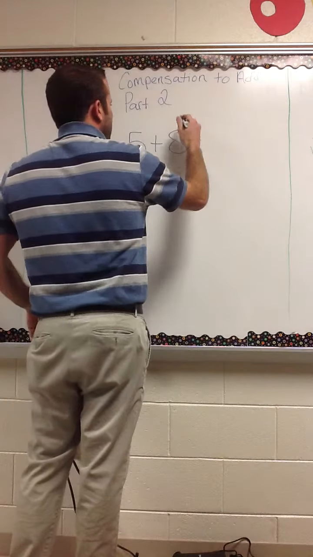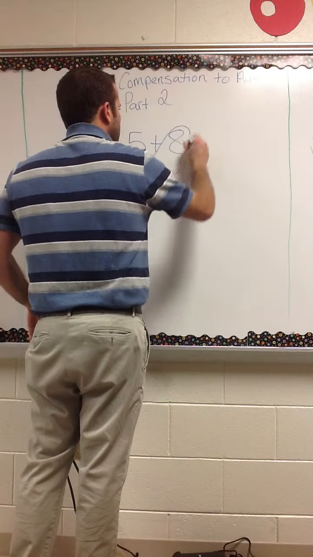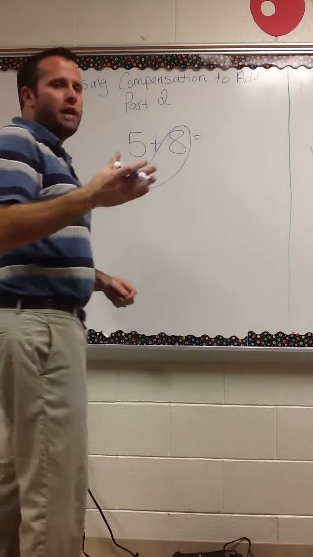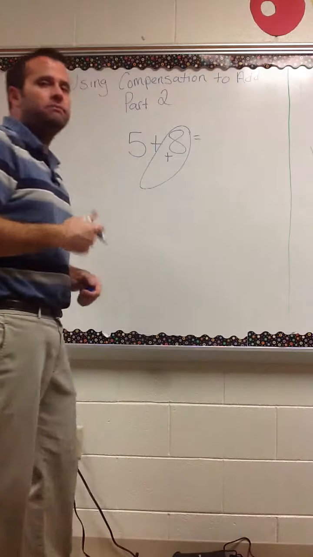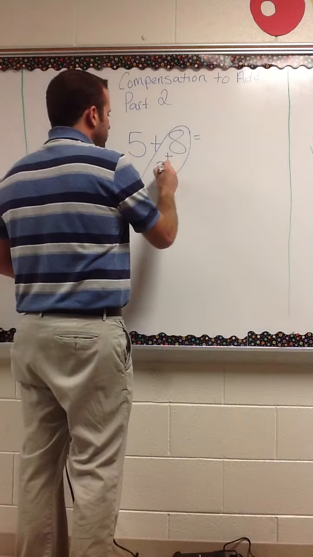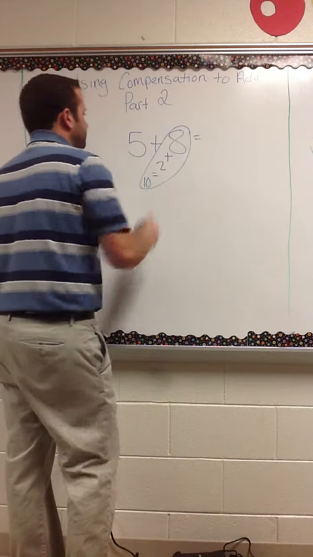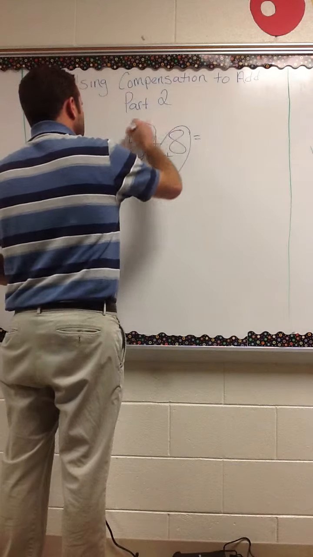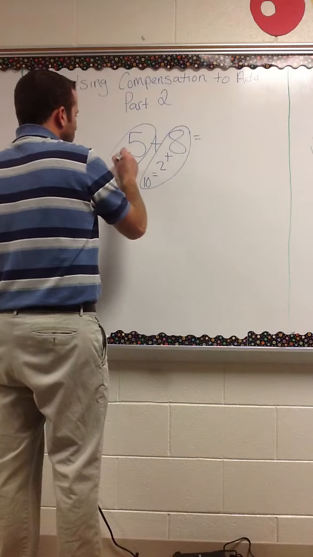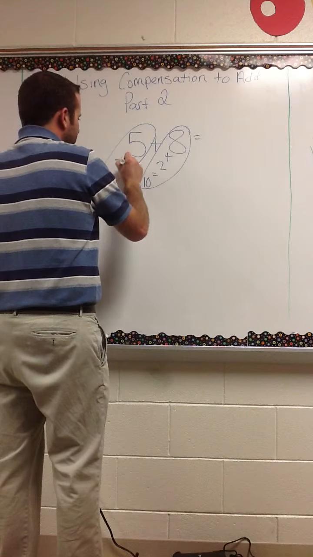So again, I'm going to think, what number do I need to add to the number 8 to make a group of 10? Well, I know that 8 plus 2 is equal to 10. So if I added 2 to my 8, I need to take 2 away from my 5.